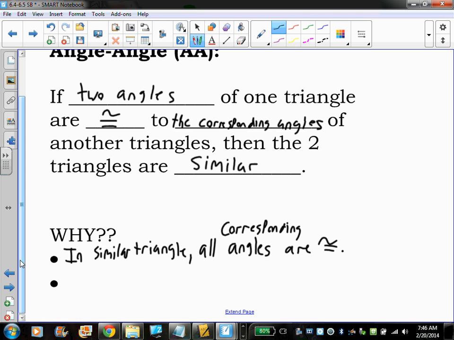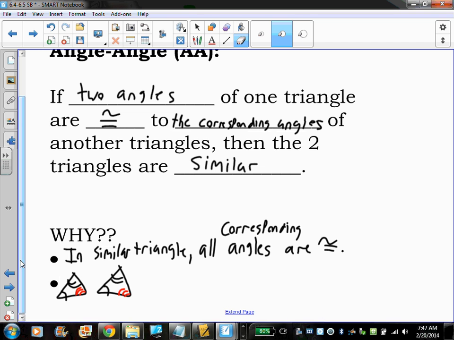That's one thing we know about similar triangles. Now, why do we only need two of them? Well, if we know that these two angles are the same, and these two are the same, since both triangles have to add up to 180 degrees, then we know by default that this last remaining angle will have to be the same between the two triangles. So that's why we only need two of the angles to be congruent. And once we have that, we have two triangles that are similar to each other.